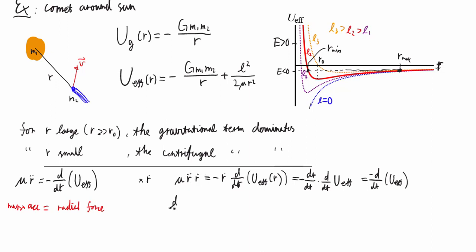This is what we get if we take d/dt of 1/2 mu r dot squared. And that's therefore equal to minus d/dt of U effective of r.